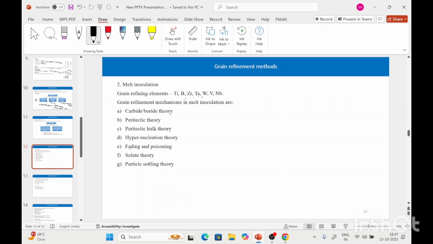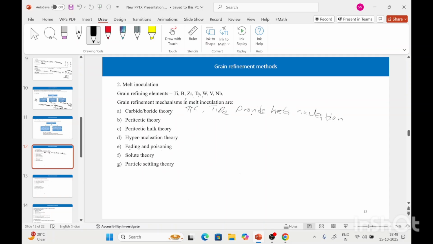The grain refinement mechanism in melt inoculation is the carbide and boride theory, in which titanium carbide and titanium borides help by providing heterogeneous nucleation sites.